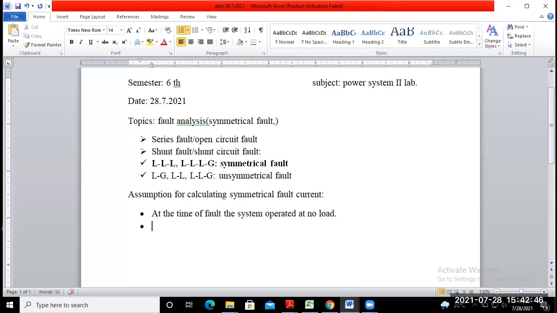Next one is the EMF induced per phase, which is assumed in per unit value equal to 1 at 0 degree.